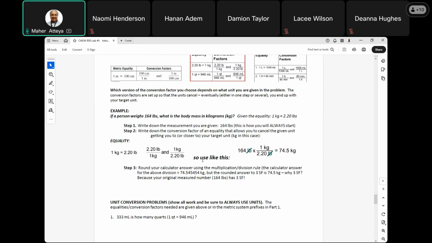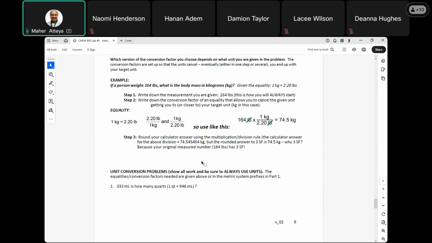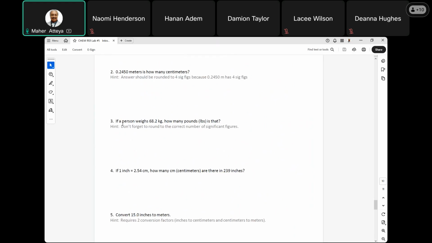And then you do all the conversion factors, which are from 1 to 5. And I will post here, in the post, what the lab report should have.